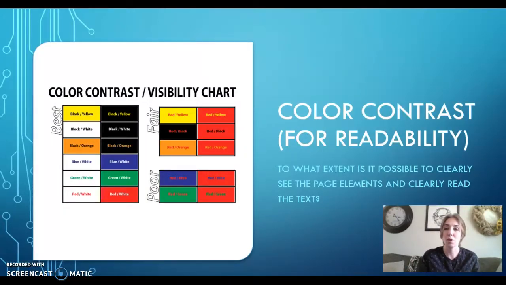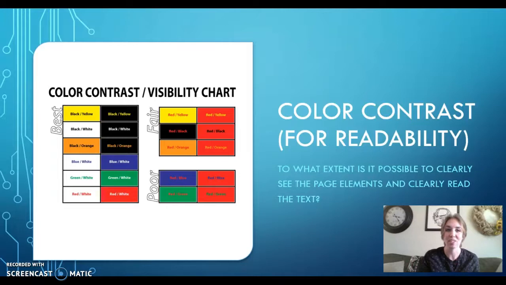We also want to look at color contrast for readability when we look at a text. To what extent is it possible to clearly see the page elements and clearly read the text? I don't know if some of you are old enough to remember MySpace as opposed to Facebook, but MySpace was a social media website that allowed you to design your own web page, and people made horrible design choices.